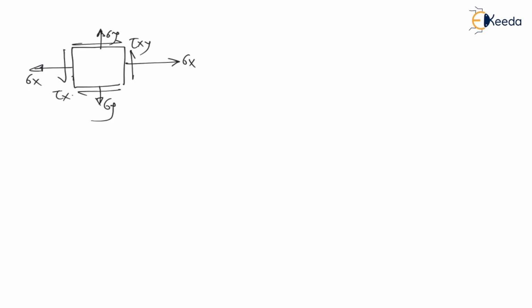For such loading, if I check one plane at angle theta, and let us say this plane is the major principal plane, how can we represent the planes in 2D loading? Here I am representing the same component we are considering.